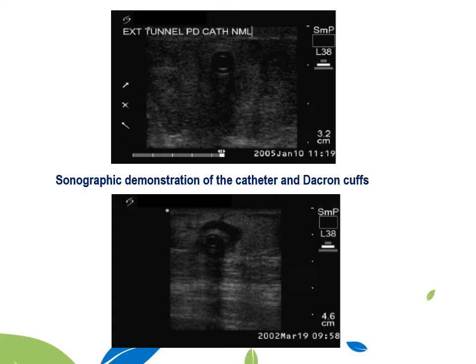But in case of peritoneal leak or subcutaneous infection, you can see this image where you can find this gap or hypoechoic space where the fluid is collected all around, or sometimes, like we see here, in some parts of the subcutaneous tunnel, which gives you the idea that there is some fluid collection in the tract of the subcutaneous tunnel. It could be fluid, it could be pus, and it can be aspirated to check the nature of the collection.